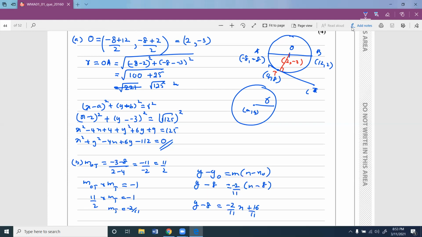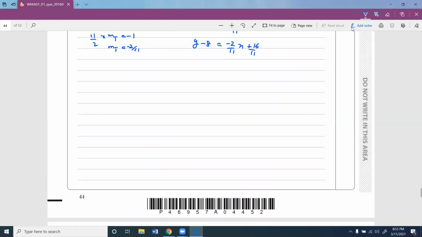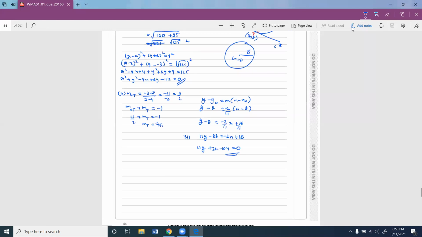Then if you simplify this, you multiply everything by 11 because you need the equation in the form ax plus by plus c equals 0. 11y minus 88 equals minus 2x plus 8. Then you can write 11y plus 2x minus 88 minus 8. Let me just check the calculation. I think it's fine. The working proceeds just like this, but that's a way of doing this question.